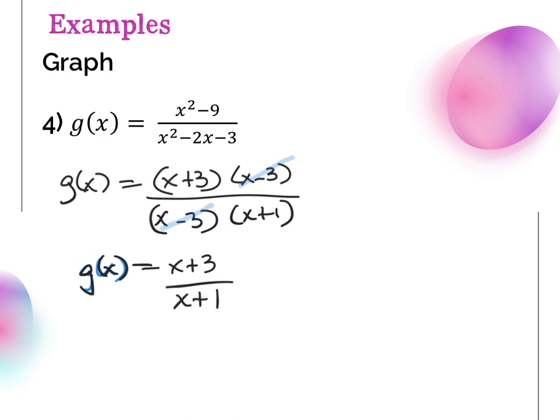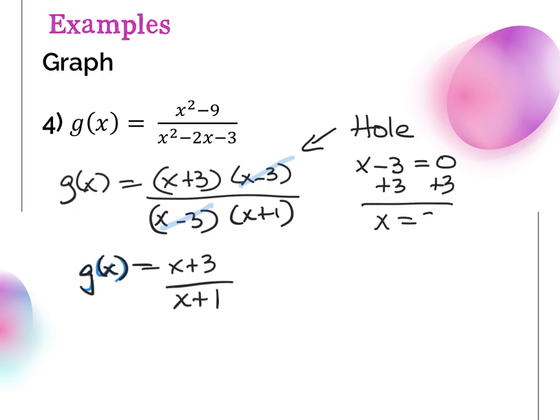Now, what's different about this one compared to the other three we've done, the factor that we canceled out, this is where our hole is going to be located. So I'm going to take the factor that I canceled, the x minus 3, and set it equal to 0. I'm going to add 3. So the hole is located when x equals 3, but to find the y value, you're going to take your simplified function and plug in 3 for the x.